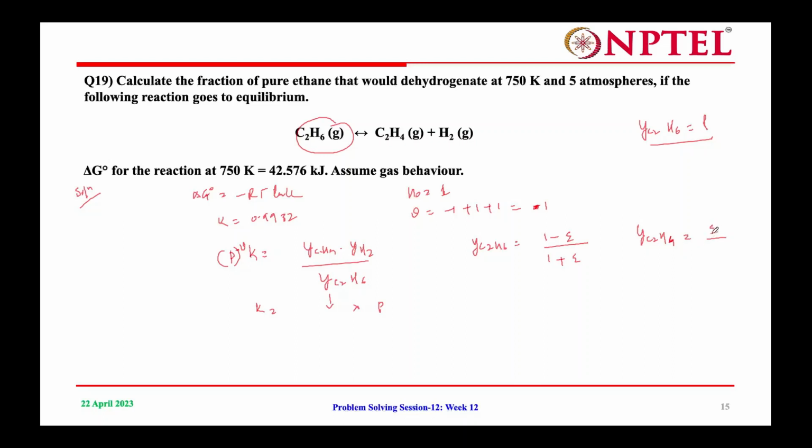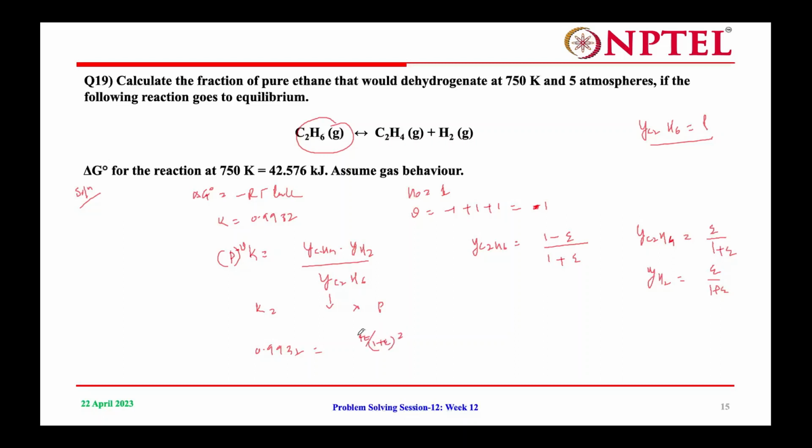So the reaction extent divided by 1 plus the total moles, for C2H4. Now these expressions of mole fraction are put into these equations. So K is 0.9932, into 1 by 3, it's the same one.